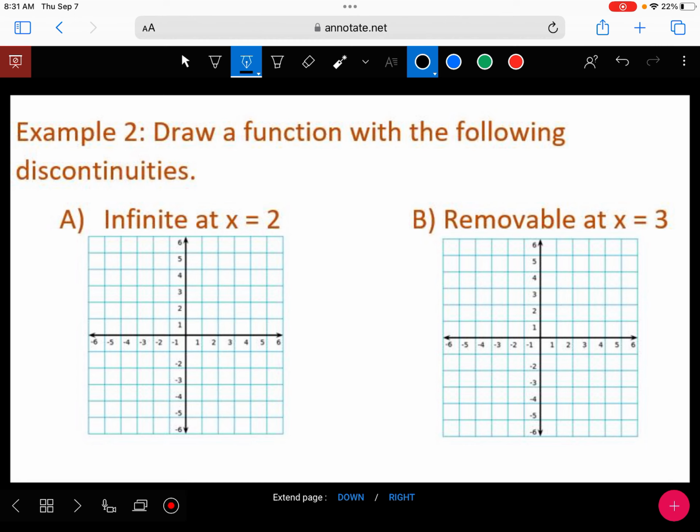Okay, let's go ahead and go through them together real quick. That wasn't bad for your first attempt at it. So at x equals 2, I'm going to draw a dashed line. This is optional. This is not a part of the graph. And then I'm going to make a function that goes up.